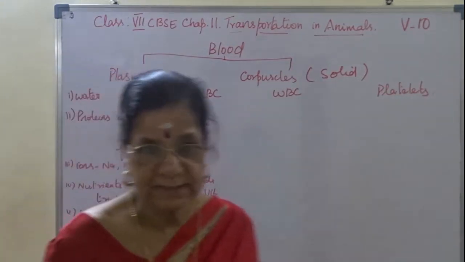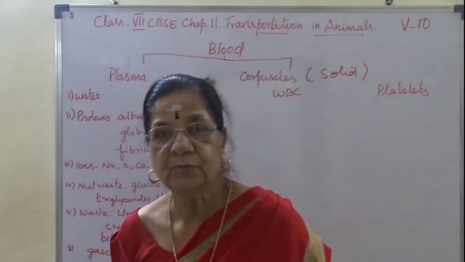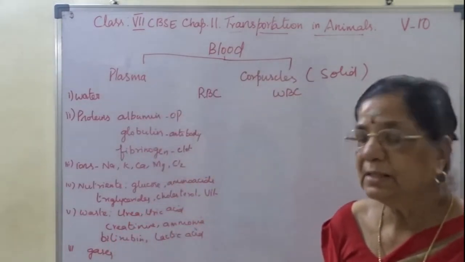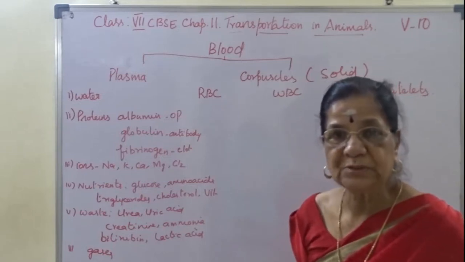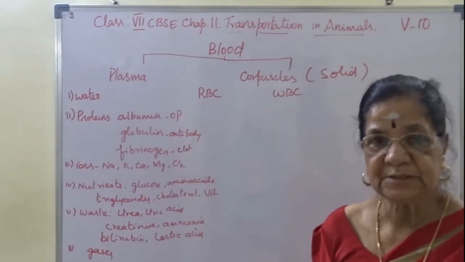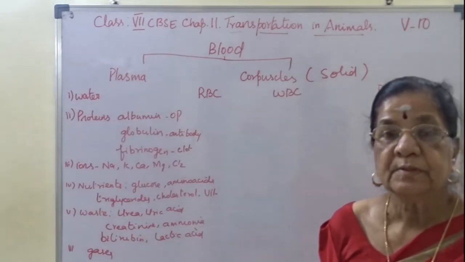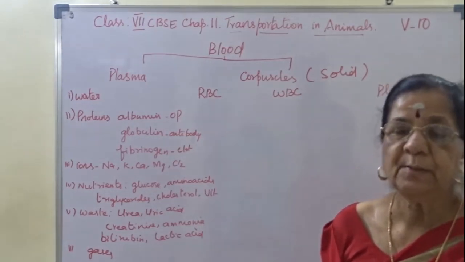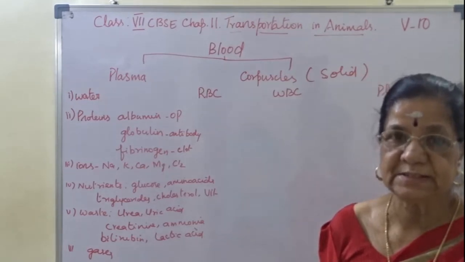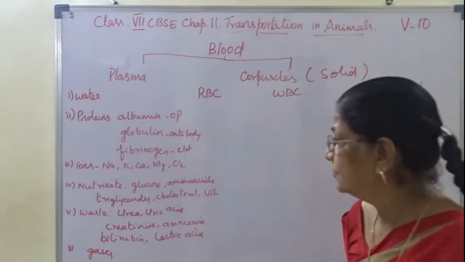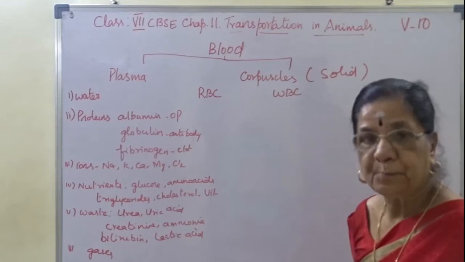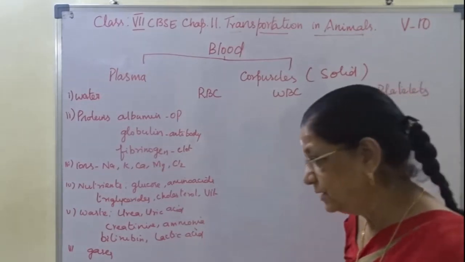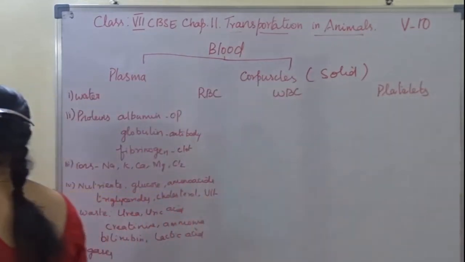Enzymes are digestive enzymes, by which the food taken in is digested. And hormones are biochemical substances which are essentially needed for all the metabolic activities. So this is the content of the plasma and its functions.